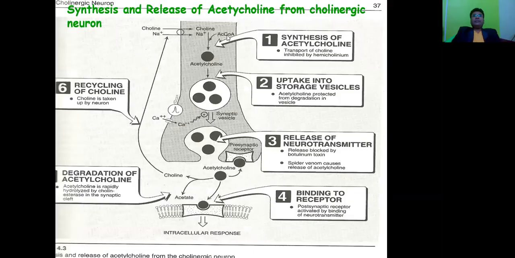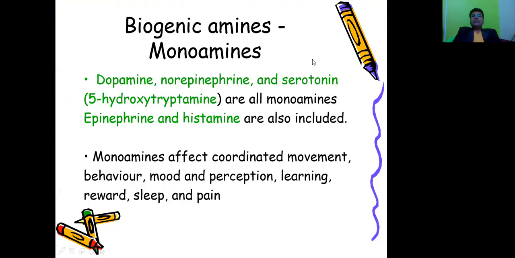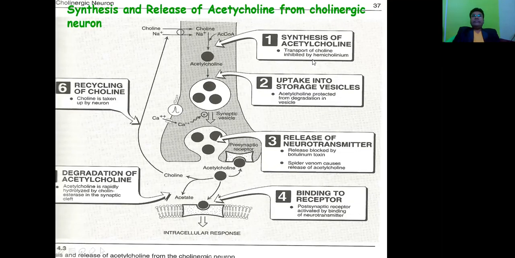Now, when you look into the synthesis and the release of acetylcholine from the cholinergic neuron, for example, synthesis of acetylcholine: choline is combined with acetyl-CoA to form acetylcholine, and the transport of choline is inhibited by hemicholinium.